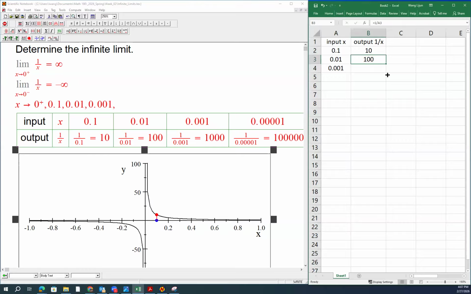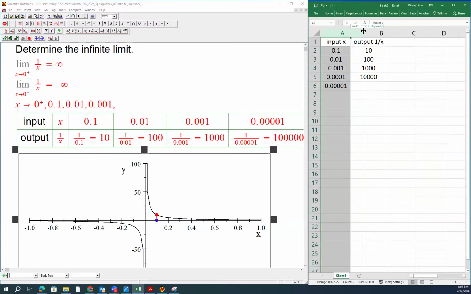1,000. And we start to see this pattern as x gets closer and closer to 0. 0.0001, the output is going to be 10,000. So now if we get the input smaller and smaller, right? So the previous input divided by 10, so that's even closer to 0.